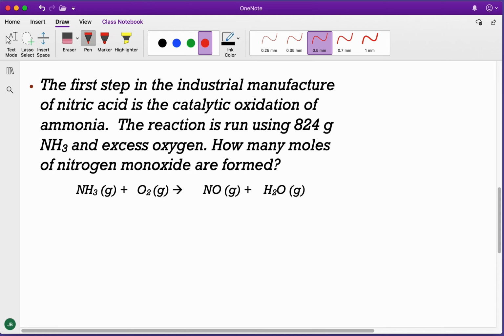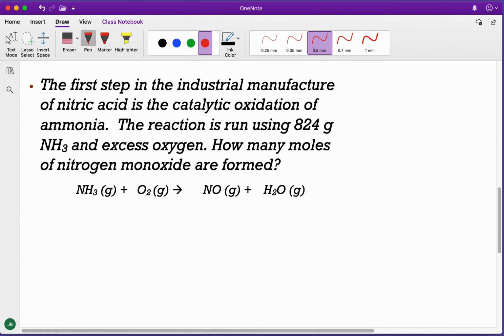So let's see here. The problem states the first step in the industrial manufacture of nitric acid is the catalytic oxidation of ammonia. The reaction is run using 824 grams of ammonia and excess oxygen. How many moles of nitrogen monoxide are formed? Now, don't let all of these words in the problem scare you because you don't know what catalytic oxidation is.